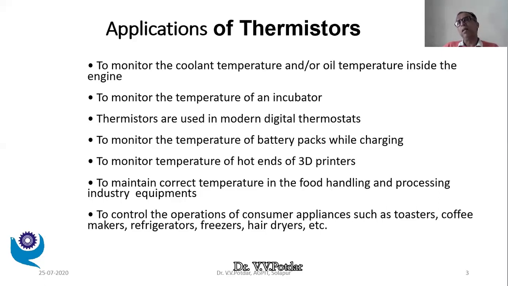Otherwise, if you don't cool down the oil being circulated within the engine and it gets heated up beyond a certain value, its viscosity decreases with increasing temperature, and it does not provide the protective film required for reducing frictional erosion of the rotating and mating parts. So we make use of thermistors for sensing the temperature of that lubricating oil.